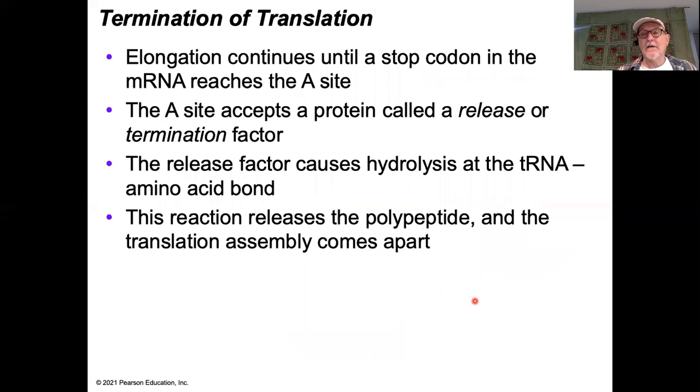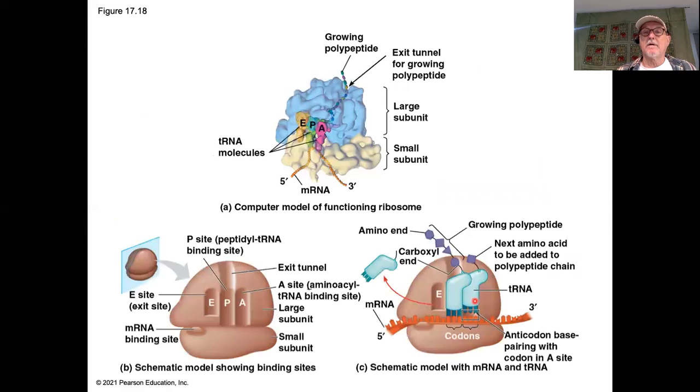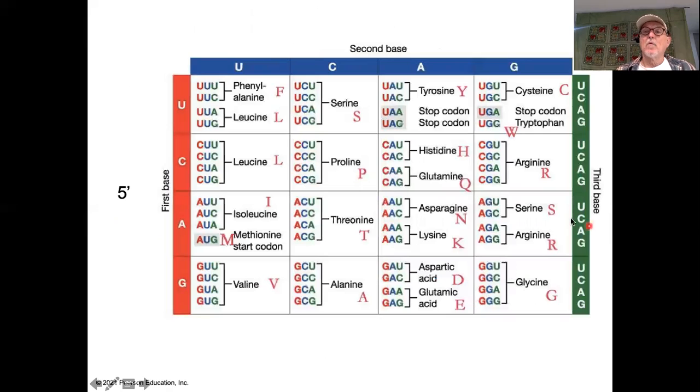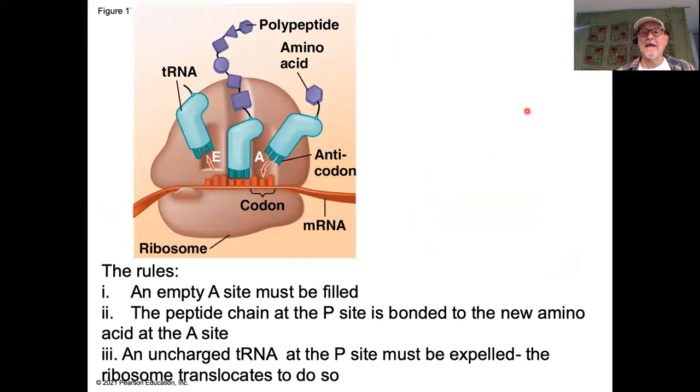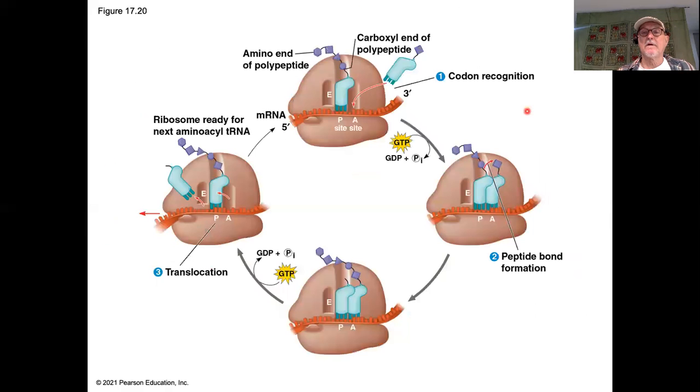But eventually, placed in that sequence will be a stop codon, UAA, UAG, or UGA. As soon as a stop codon is encountered at the A site, as soon as this translocation exposes a stop codon, there is no corresponding transfer RNA that will fit in there.